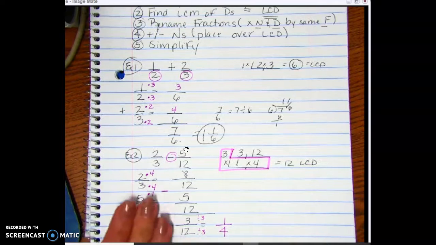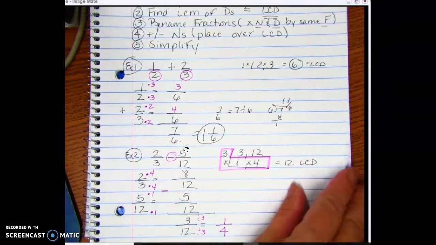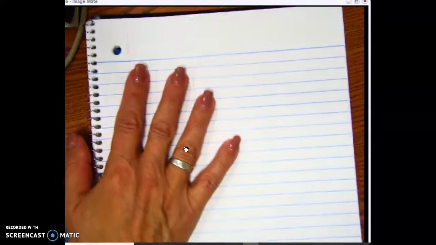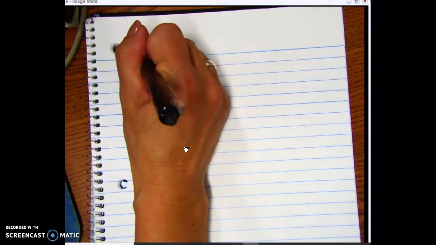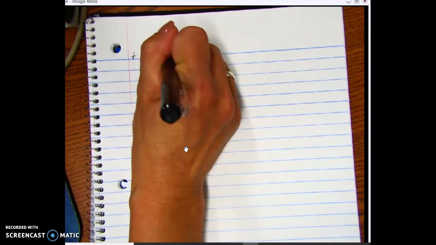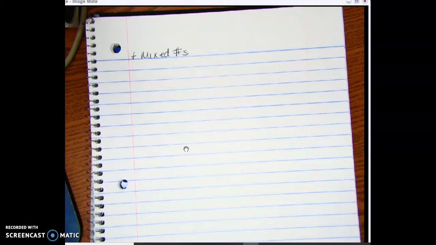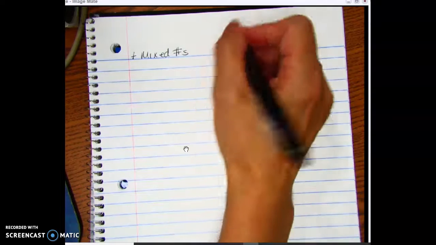Well, we're going to go ahead and take a look at adding mixed numbers. So I'm going to go ahead and turn my page, and this is add mixed numbers. We're going to spend a whole day on subtracting mixed numbers because it can take some time.